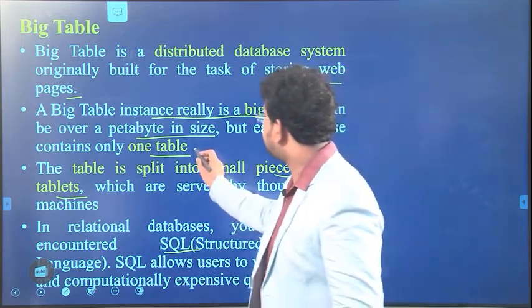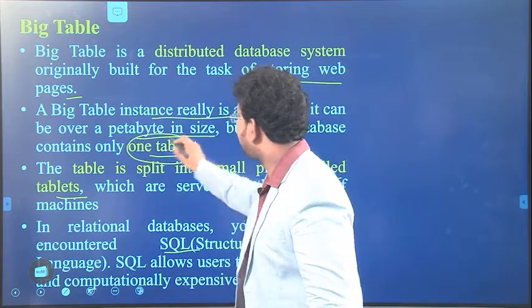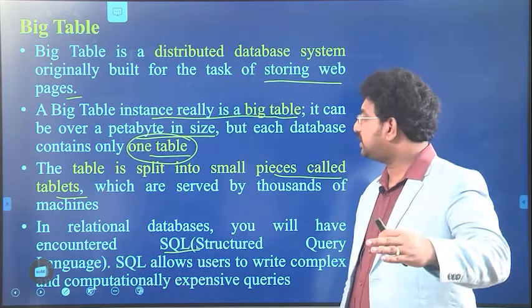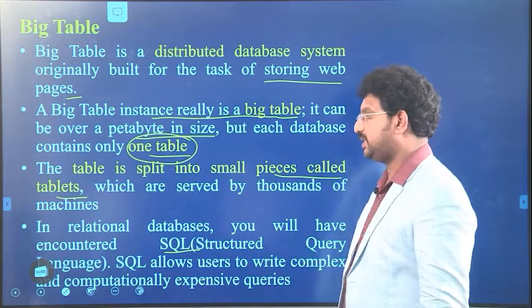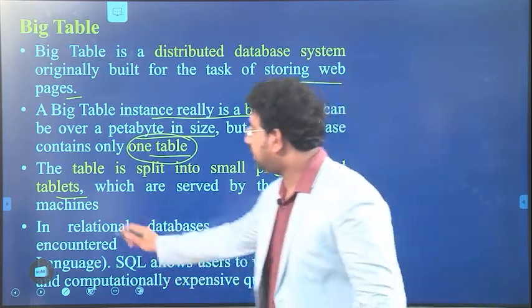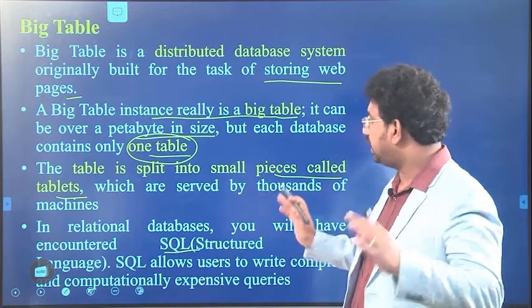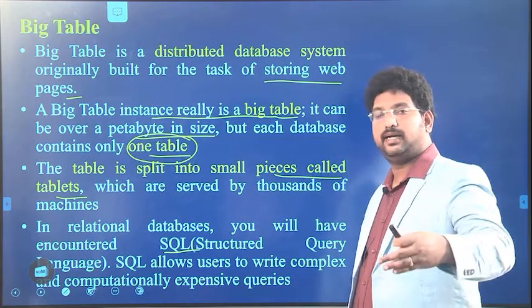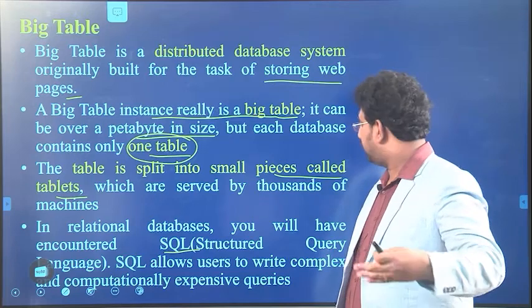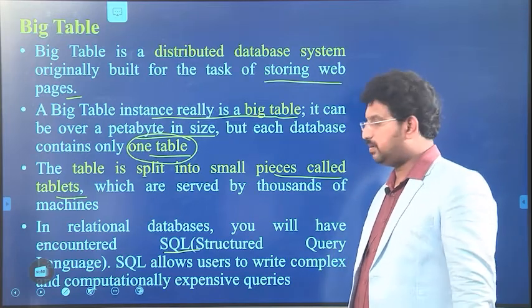How many tables does it consist of? Only one. Now the table is split into small pieces, which we call tablets, which are served by thousands of machines.